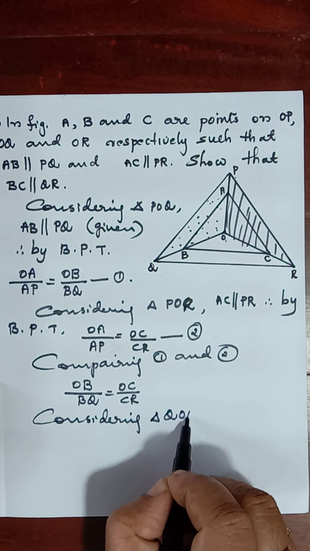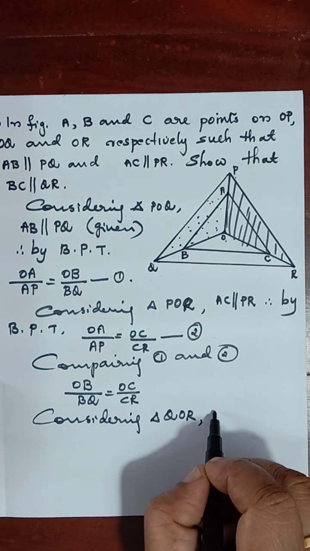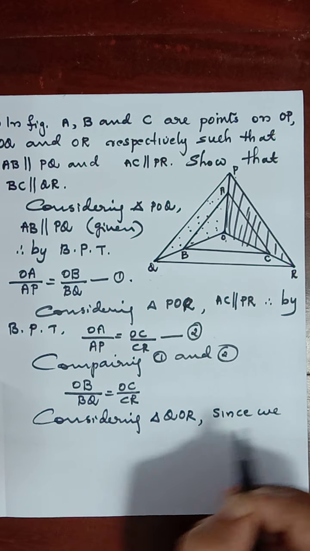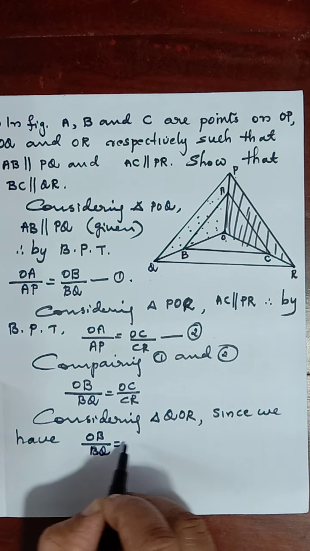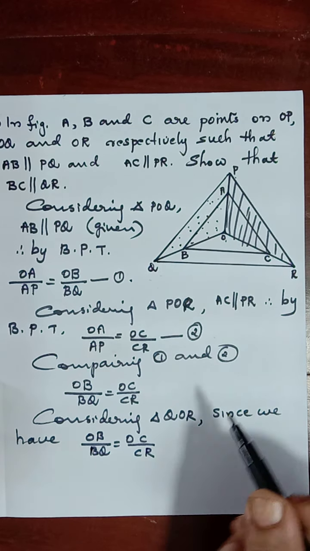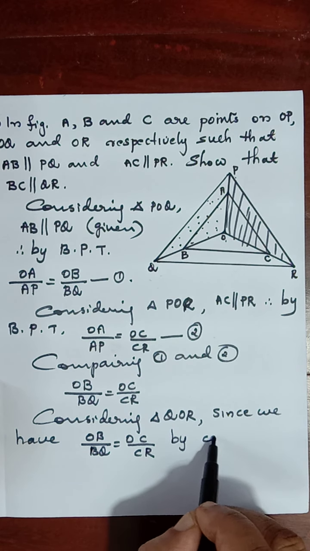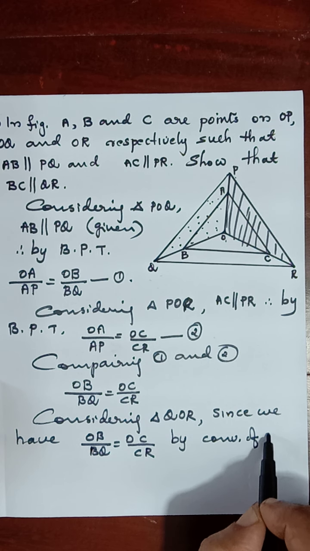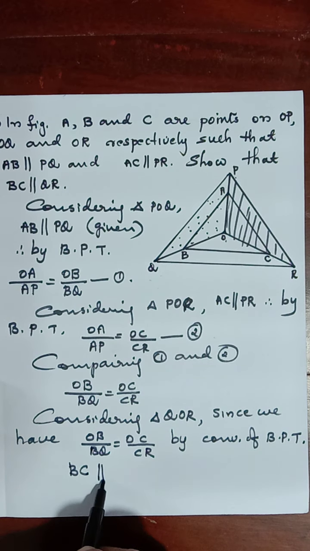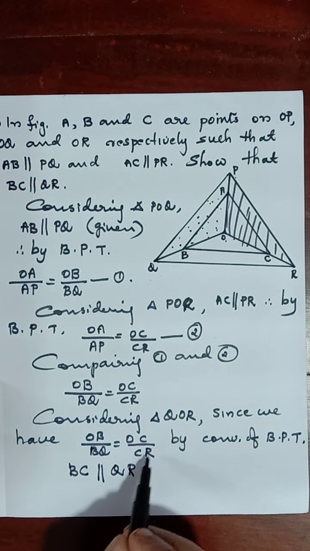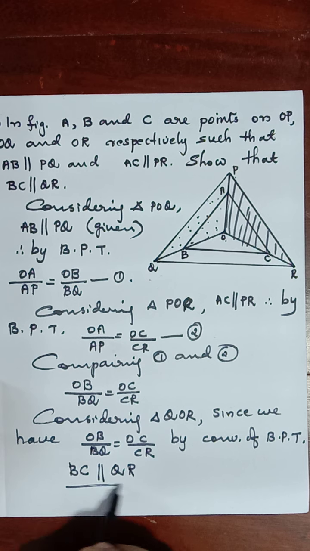Considering triangle QOR, since we have OB by BQ equal to OC by CR, by the converse of the basic proportionality theorem, BC is parallel to QR. If proportionality is given, then these sides are parallel. BC is parallel to QR. Hope you understood.